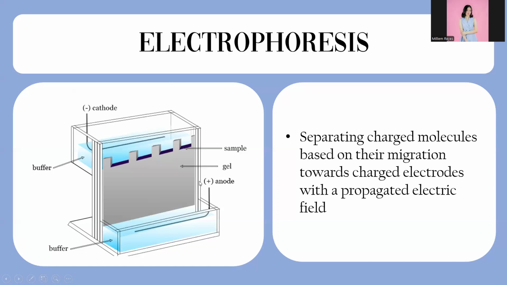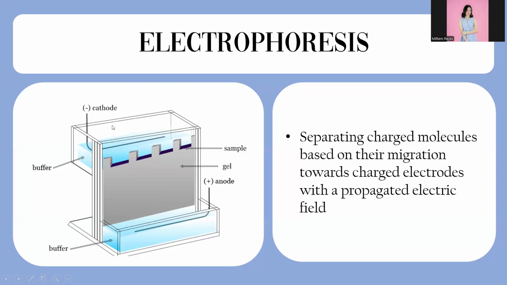The anode, because it is positively charged, will attract the opposite. Kasi 'di ba, opposites will attract. So the anode will attract anions or the negatively charged ions. The more negative a molecule is, the closer it will be to the anode.